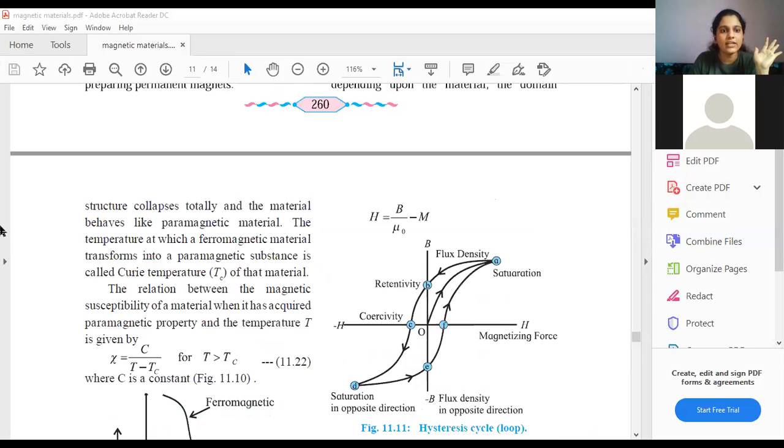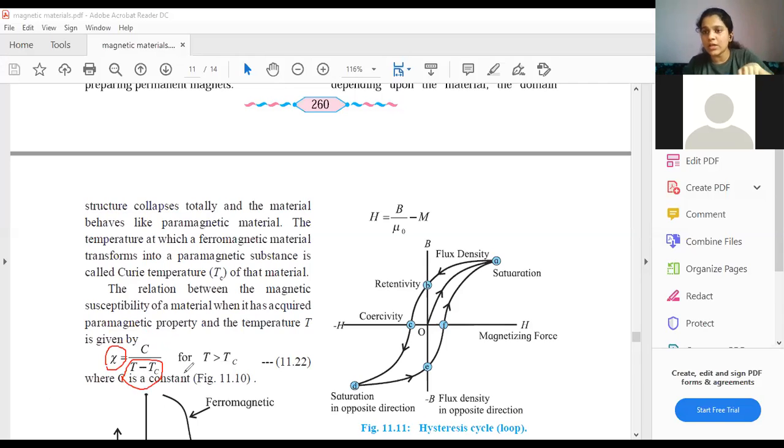So here what they have written is the relation for the magnetic susceptibility of a material when it has acquired paramagnetic property. We know that susceptibility is inversely proportional to temperature. Here you are supposed to take the temperature difference, that is temperature minus the Curie temperature.